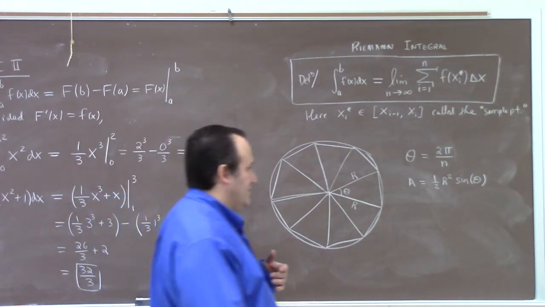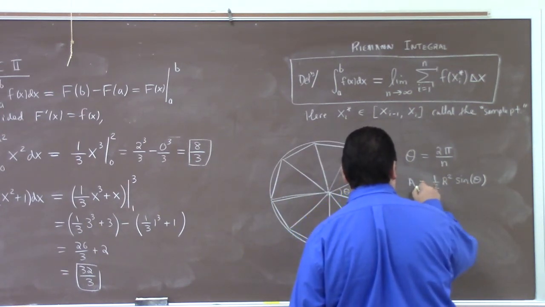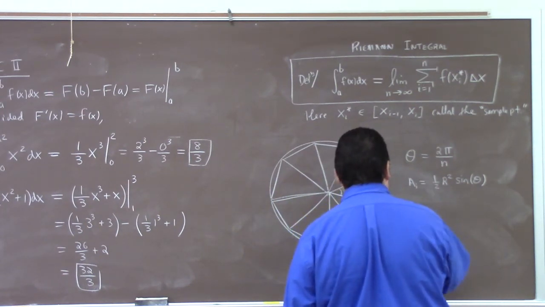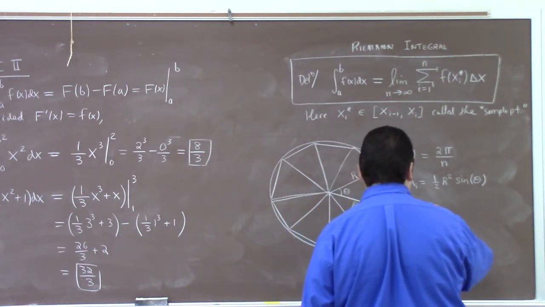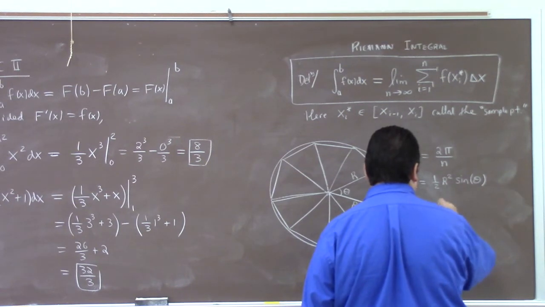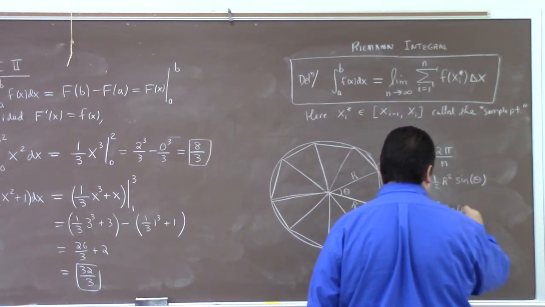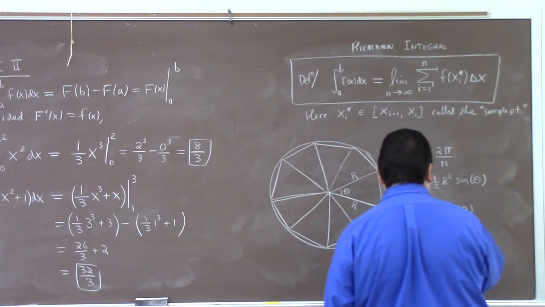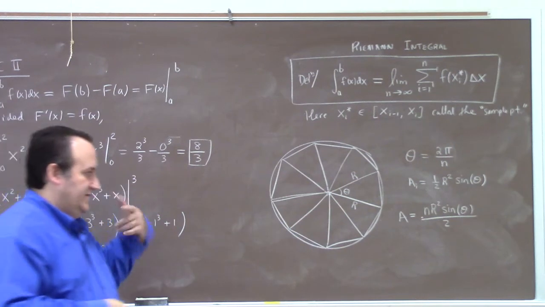Now that's just the formula for one of them. So what's the total area then? This is the area of just one of them, so the total area would be n times 1/2 r squared sine theta, because you just have to multiply the area of one times n. But check it out.